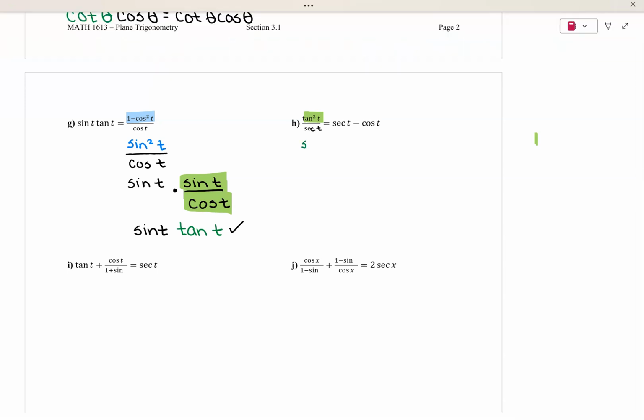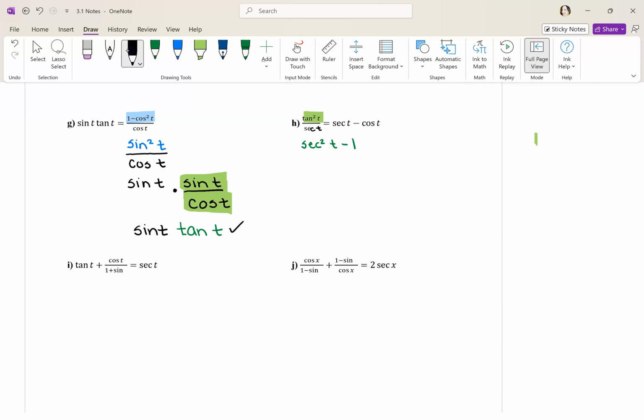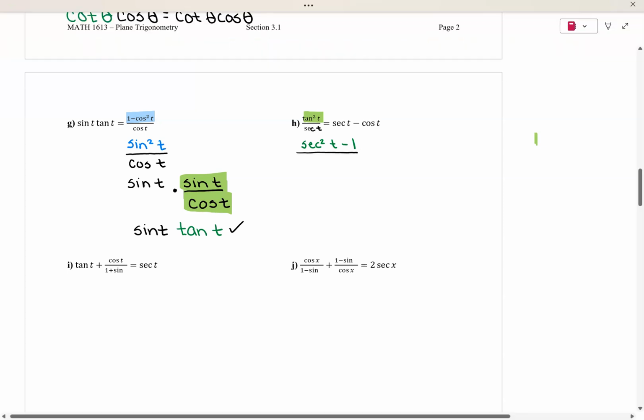So we said that that is secant squared of t minus 1 over secant of t. So let's see what we got going on. Now notice we need a secant. We have one. Cosine is 1 over secant. So let's try splitting this up into two separate fractions.